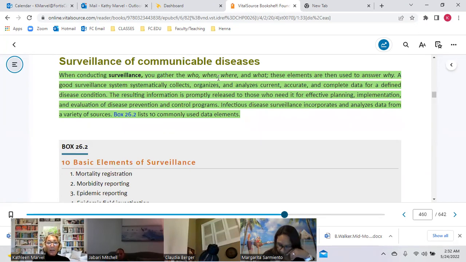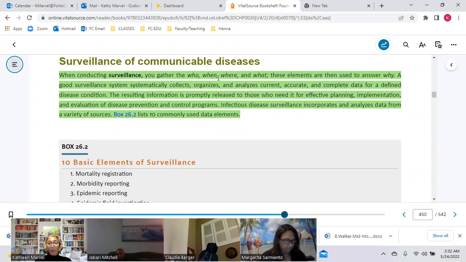It collects data, it organizes it, it analyzes it. Okay. And then when all that's done, we can release the information promptly to the people who need to know about it so that they can effectively plan, implement, and evaluate. Okay.